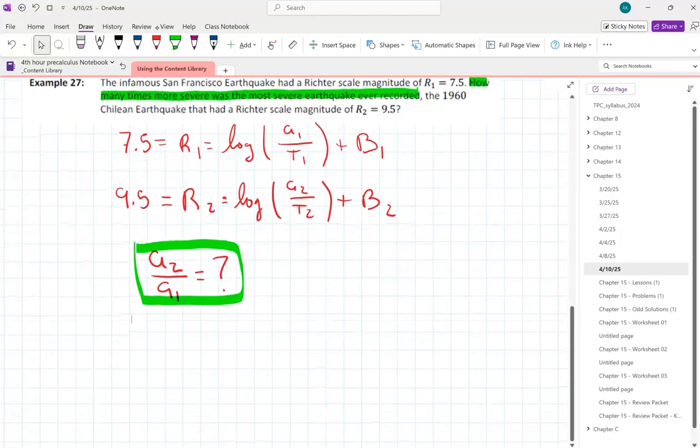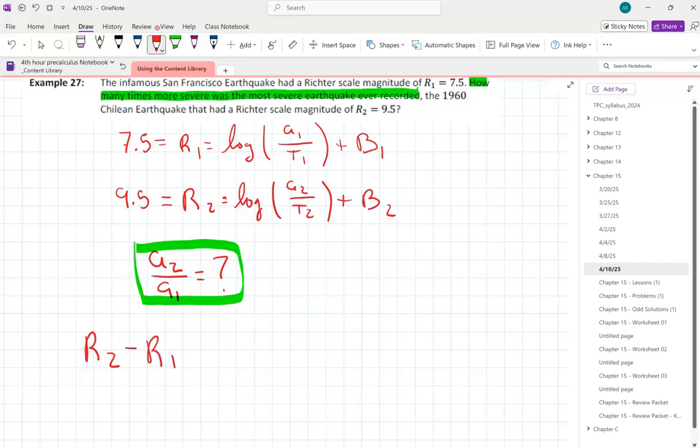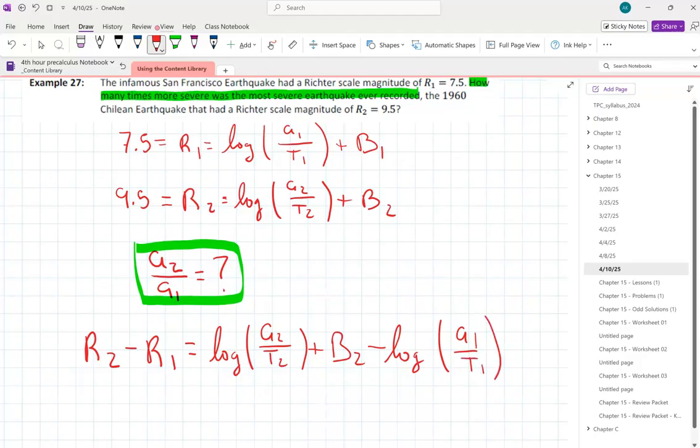So what I'm going to do is take my R2 and subtract my R1 from it. So far, so good.